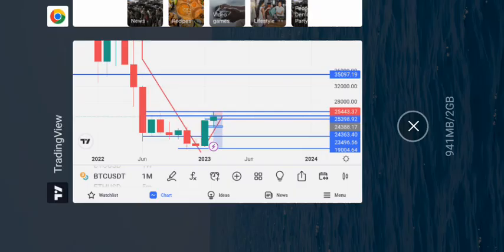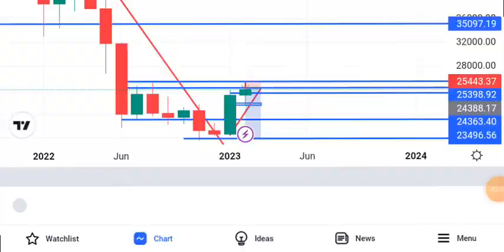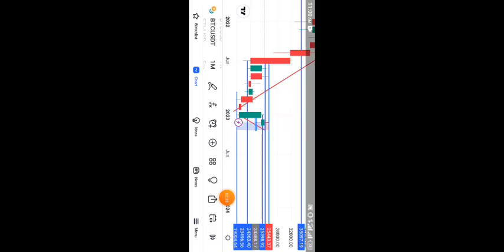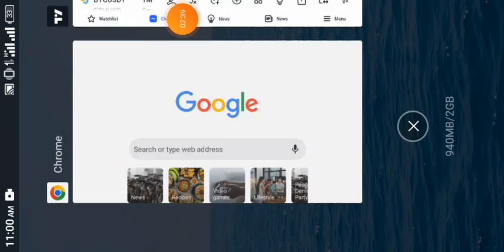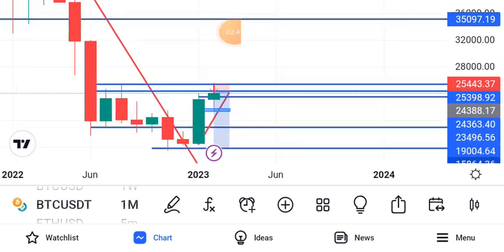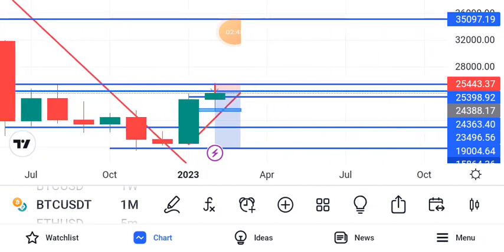What is happening? Okay, I'm seeing a depletion here, which is giving us this change of character vibes.